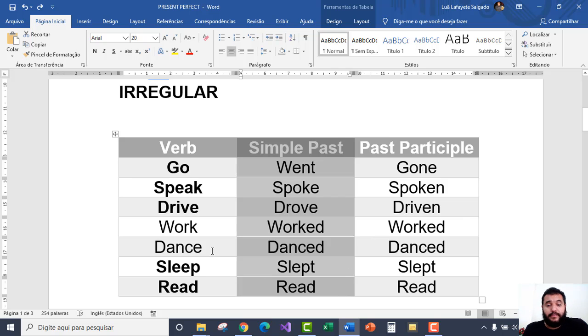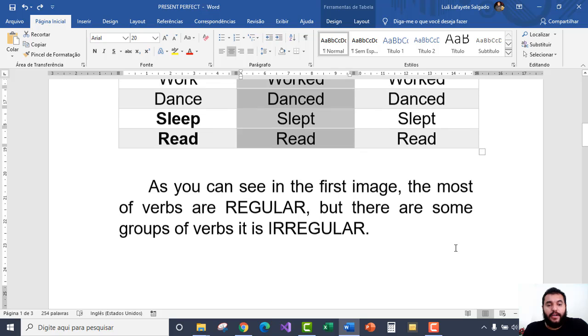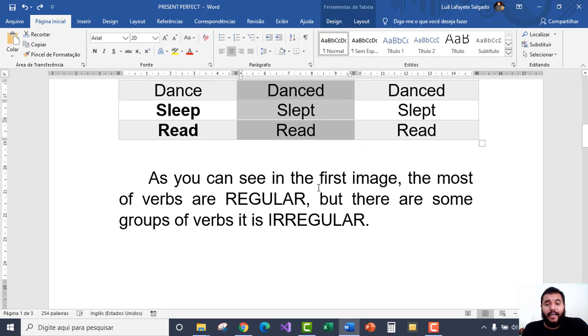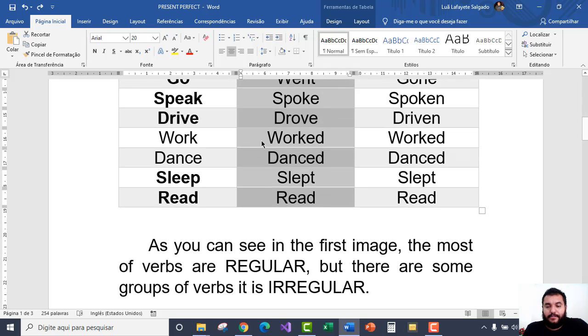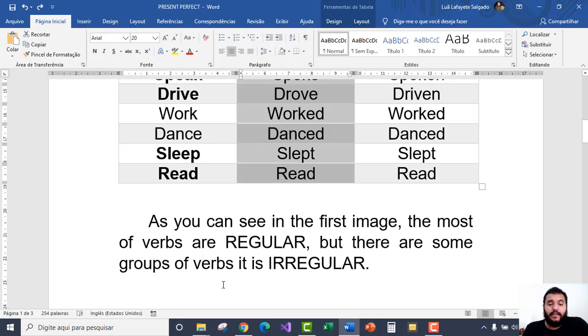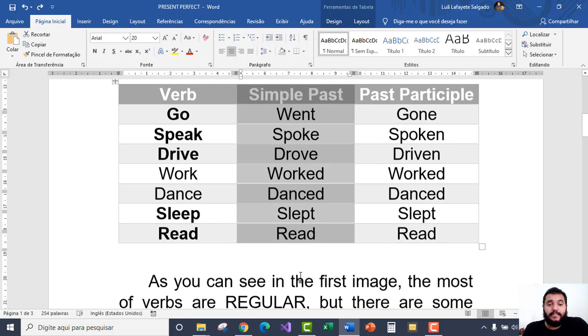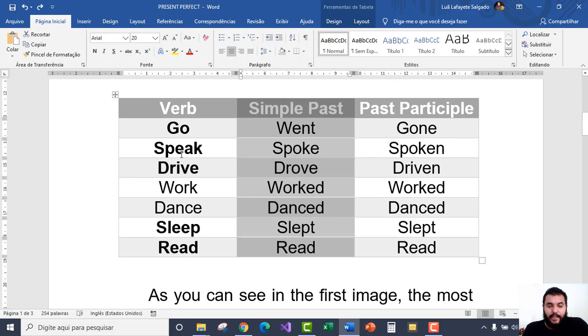Here the verb dance is a regular verb, and you just put danced. As you can see in the first image, most of the verbs are regular, but there are some groups, and these verbs in a group are irregular. In the black part, you can see the irregular verbs.